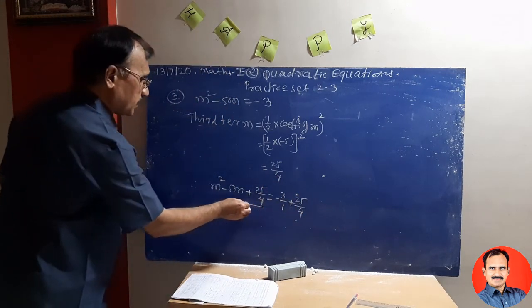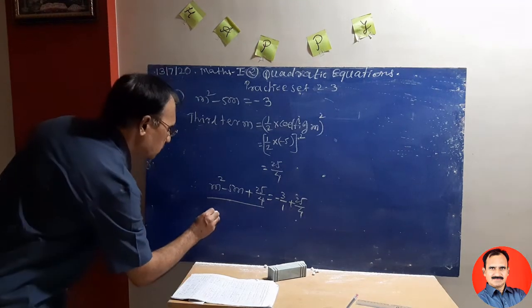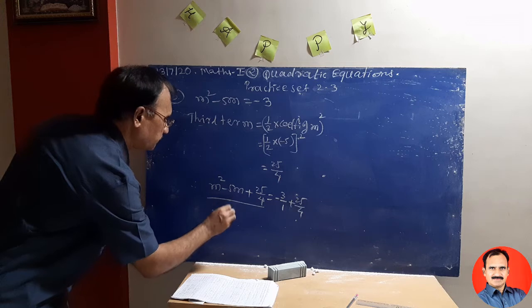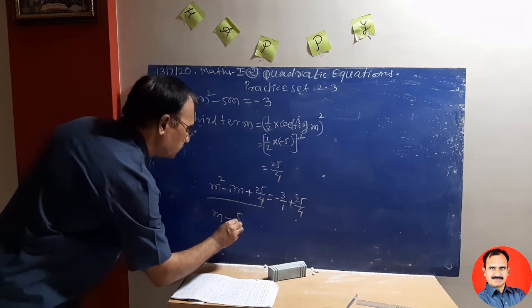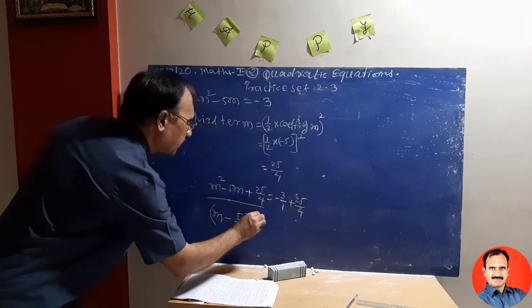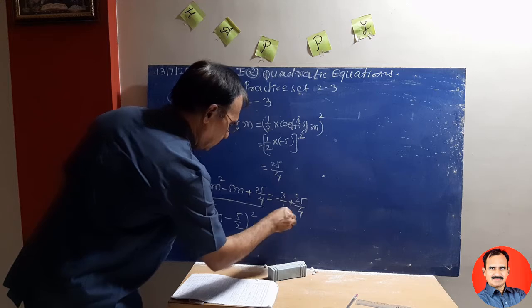This is a perfect square. LHS is a perfect square now. But whose? Root of first term, sign of second term, and root of third term, that is m minus 5 by 2 bracket square is equal to. Here equate the denominator.